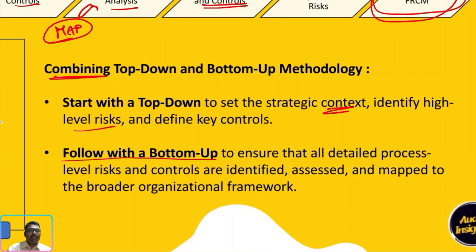At the same time, we look at the underlying processes and ensure that the risks at the process level are also identified. But the basic thing here is what we exclude.